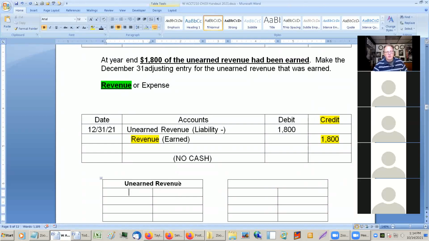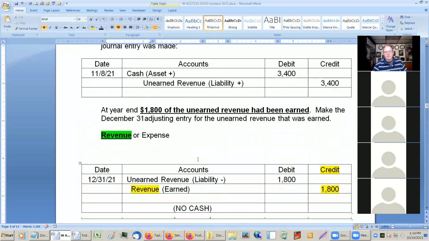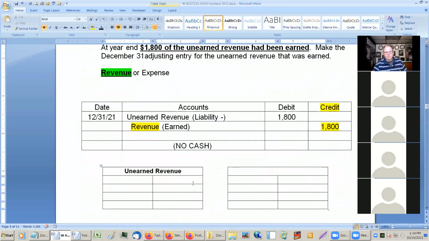Unearned revenue, we had a credit of 3,400. We just took 1,800 out of it. And so you're absolutely right. What is left over, now you don't make the journal entry for this. You make the journal entry for what is earned. But there is 1,600 left over in that account.